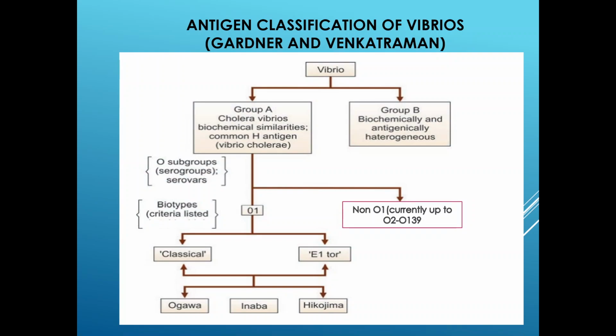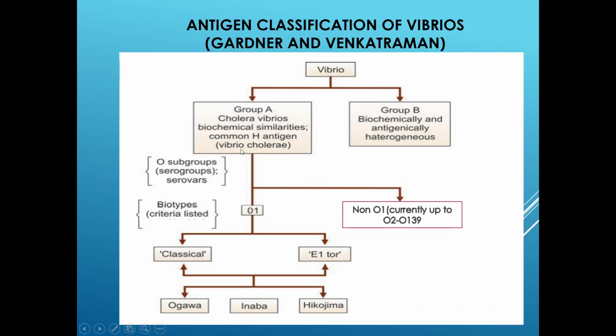Antigenic classification of Vibrios by Gardner and Venkatraman. Vibrio includes 2 groups, Group A and Group B. Group A is cholera Vibrios, with biochemical similarities and a common H antigen. Group B is biochemically and antigenically heterogeneous. For us, Group A is interesting.